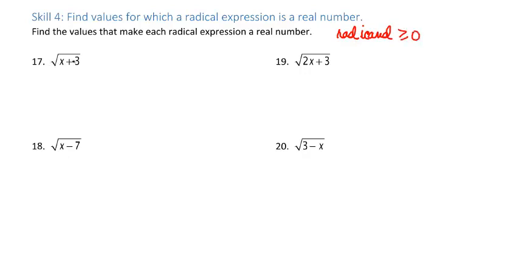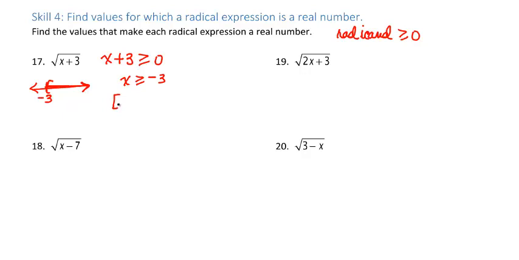So for the square root of x plus 3 to be a real number, we want to set x plus 3 to be greater than or equal to 0. So that is equivalent to x is greater than or equal to negative 3. And in an interval, right, if that is viewed on a number line, we get everything to the right of negative 3 and including negative 3.